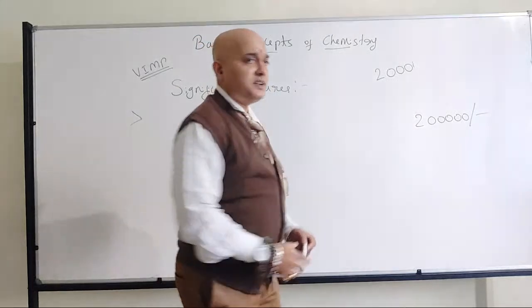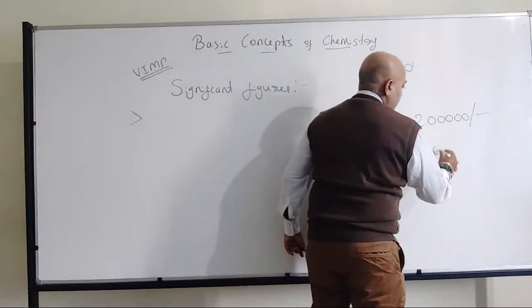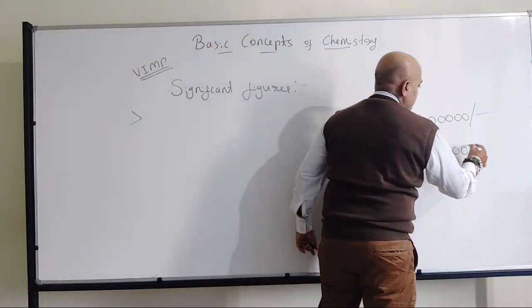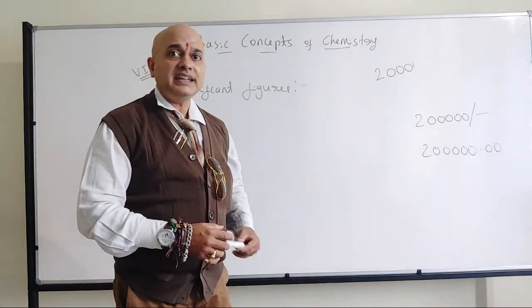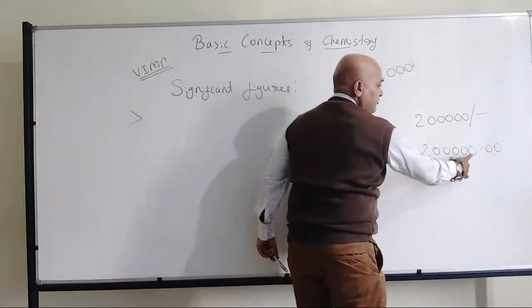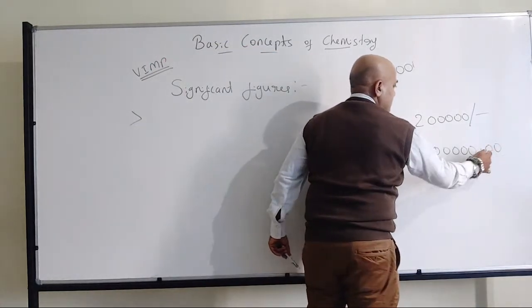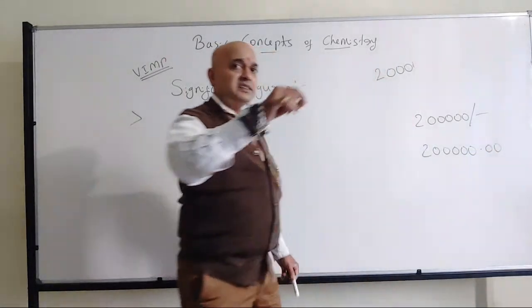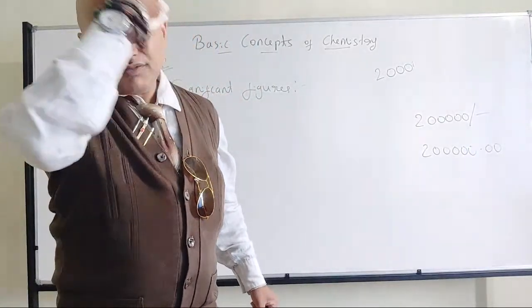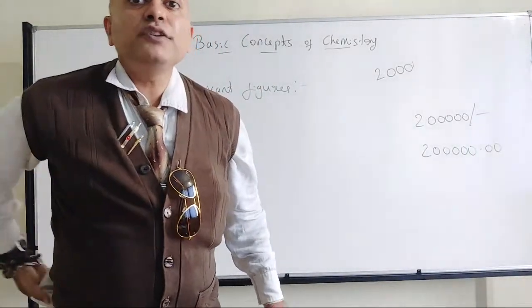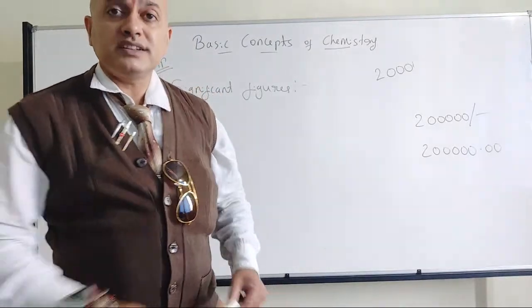It's a full stop. Or we can mention it like this. So what does it indicate? That after this zero, nothing else follows. There is a full stop. That's what that point indicates. So that's what significant figures are, and that's what we are going to discuss now.